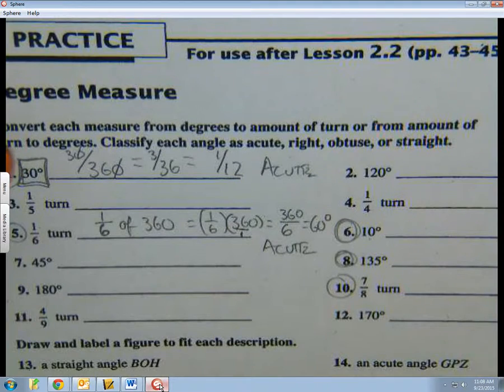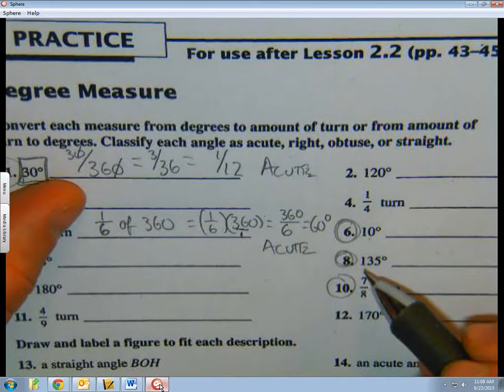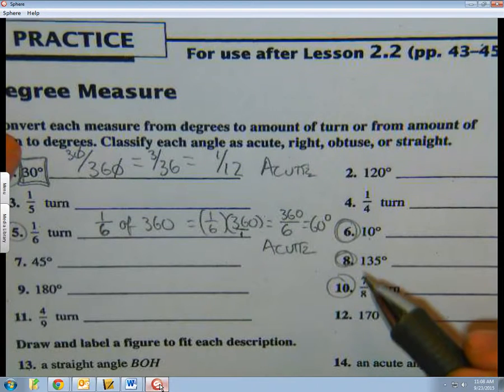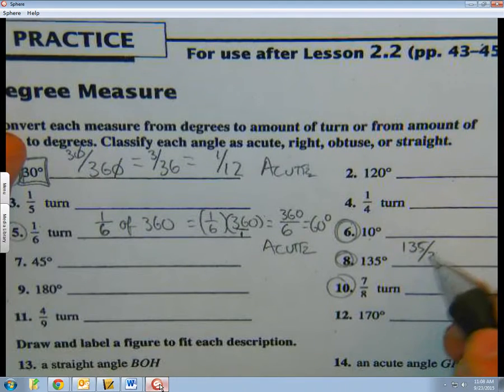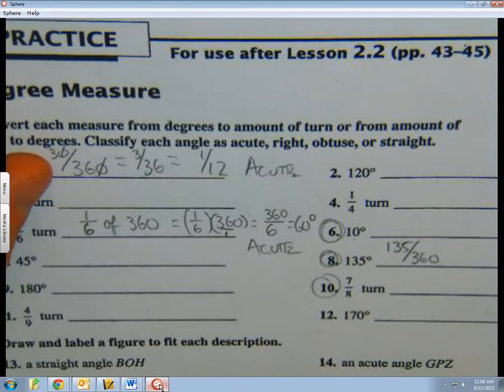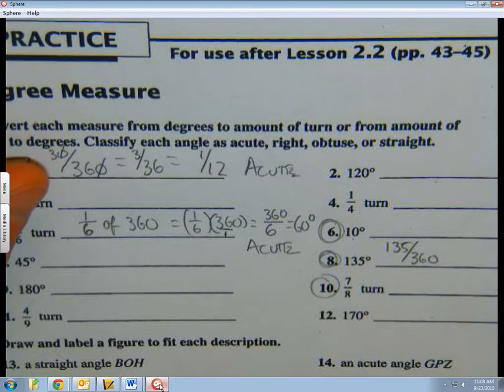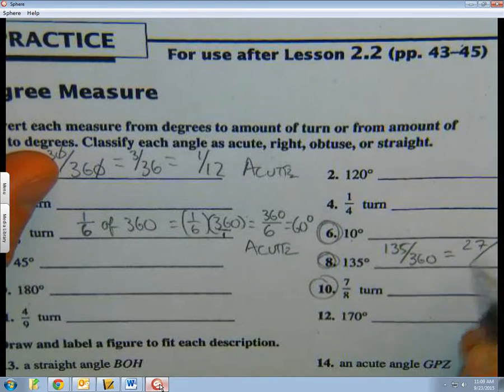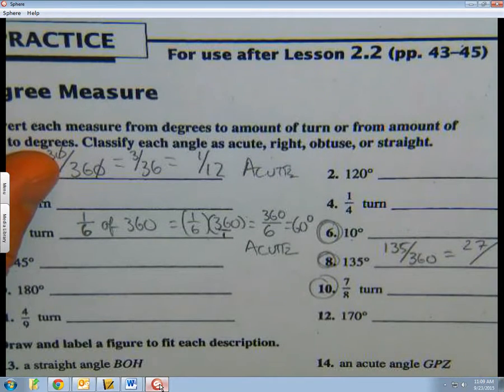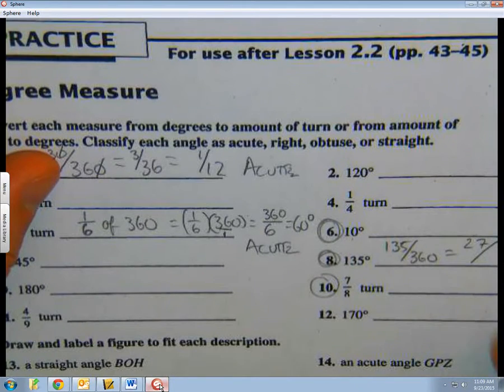A couple more. Let's do 135. So 135, it's a degree, so to take it to turn, we just do out of the whole. So 135 over 360. Okay. 5 goes into each one of those, and 5 goes into 135 27 times, and 5 goes into 360 72 times.